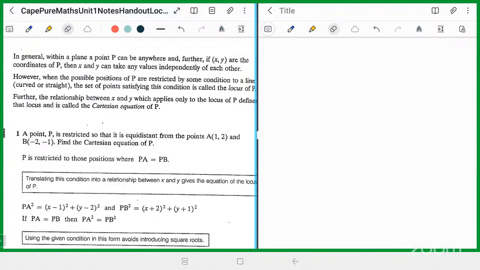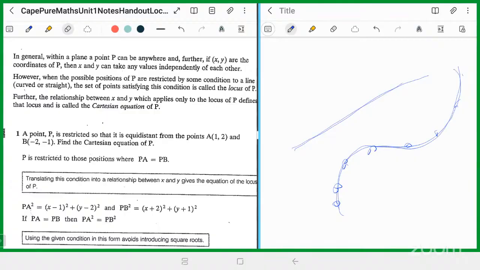So the locus of a point is the path, which can be a line or a curve, that a point will stay on under a given condition, such that points on this curve or line satisfy a particular given condition.